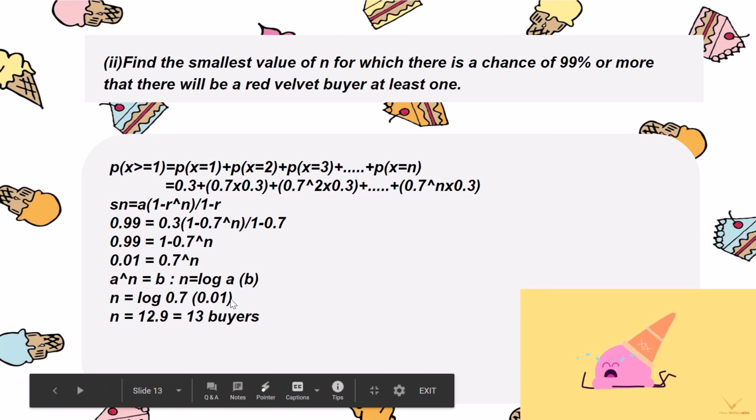So n equals log base 0.7 of 0.01, which is 12.9. We cannot conclude there are 12.9 buyers because we cannot write people in decimals. So we round it up to 13 buyers.